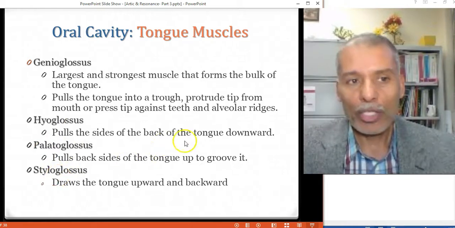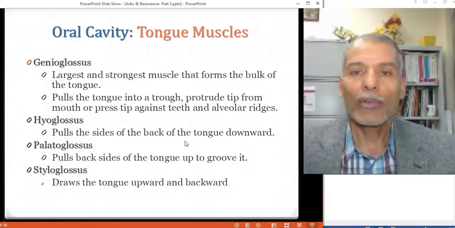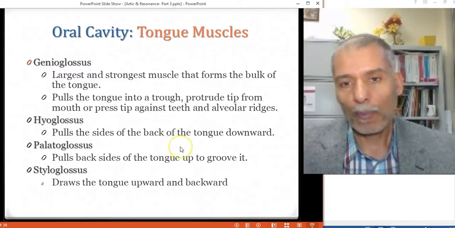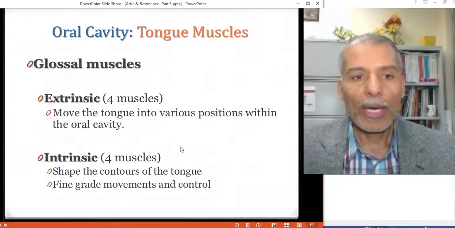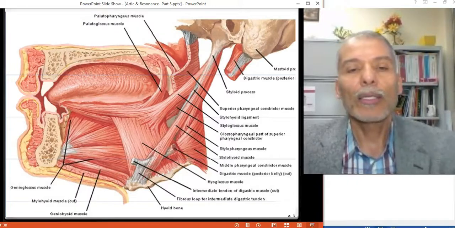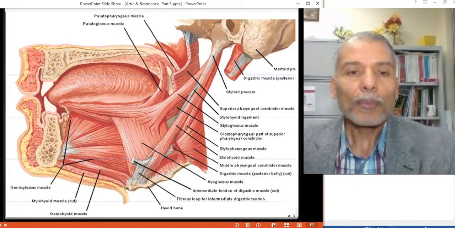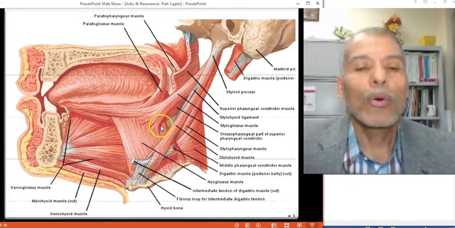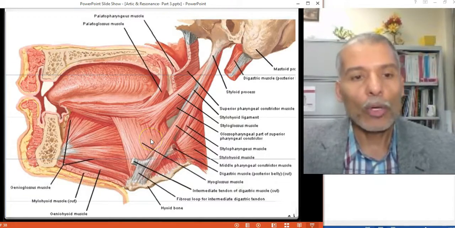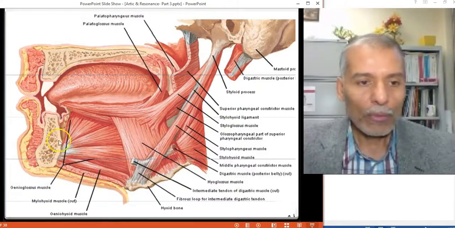Let's use the image so that you can relate to the muscle more. And then I'll explain each muscle and its function. So the first one, the genioglossus. Genio, the chin bone basically here.